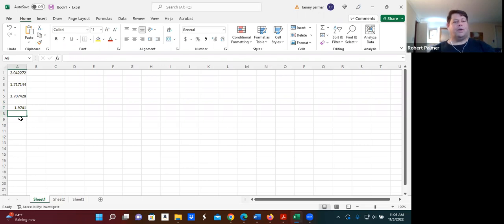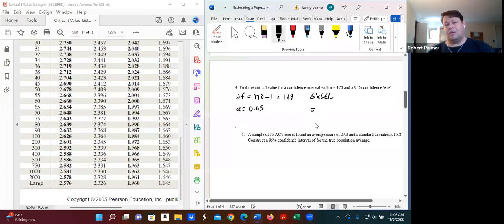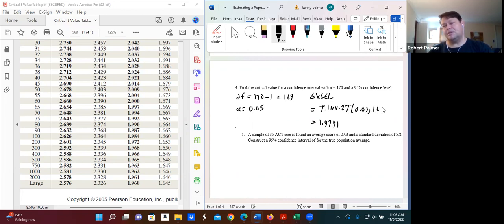And what we get is 1.9741. Go ahead and write that down, 1.9741, so don't forget it. And then that was, of course, t.inv.2t, and then 0.05, and then 169. Okay, so this is our t of alpha over 2, our critical value.